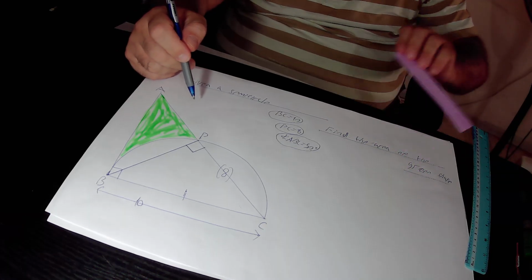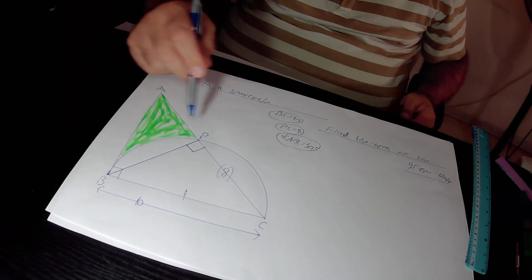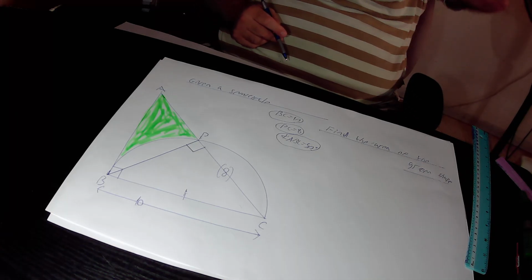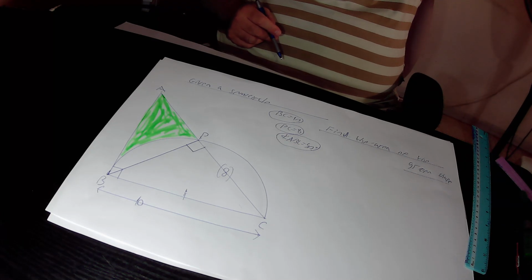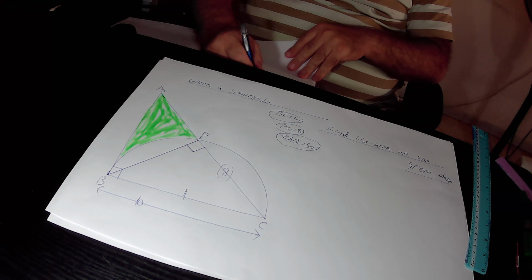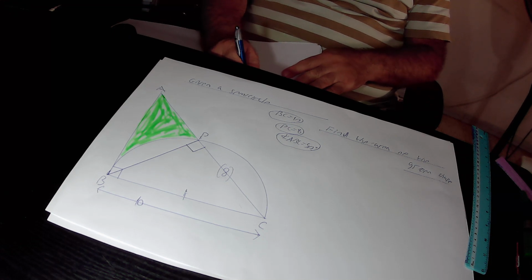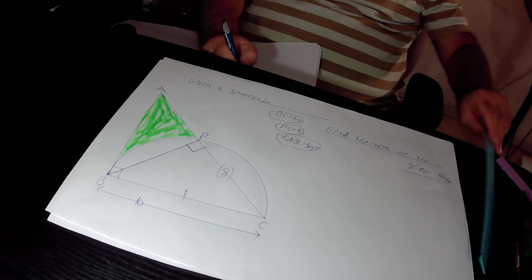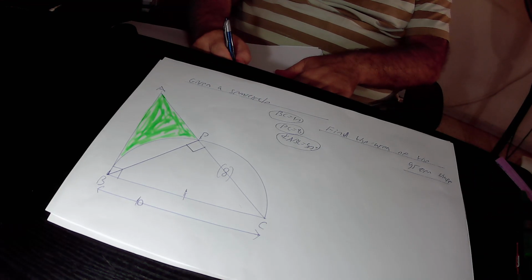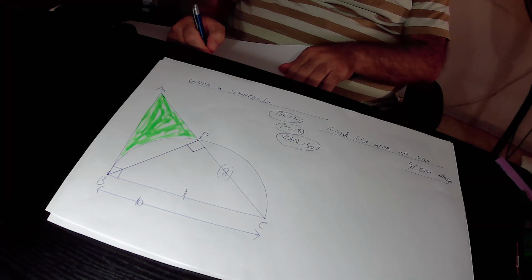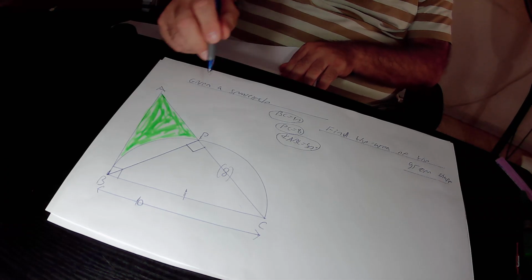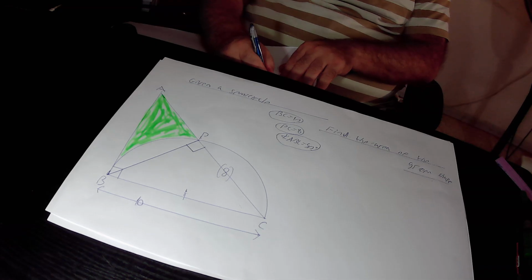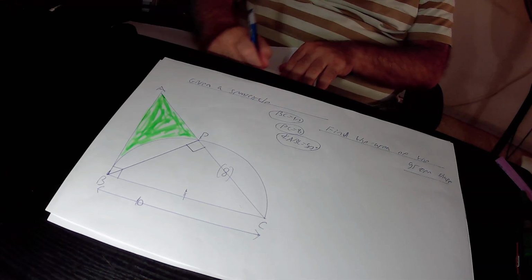In the next step, we will implement the Pythagoras theorem on the right triangle BPC. According to the Pythagoras theorem, in any right triangle, the square of the hypotenuse equals the sum of the squares of the perpendiculars. So, in the right triangle BPC, BC is the hypotenuse, and therefore the square of the hypotenuse is BC square, and BC square must be equal to PB square plus PC square.